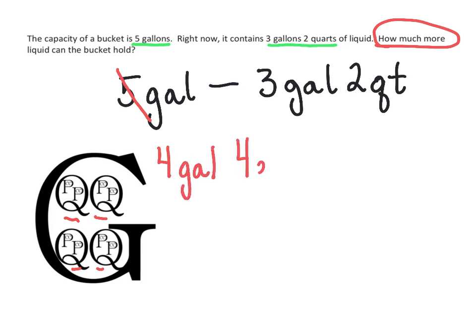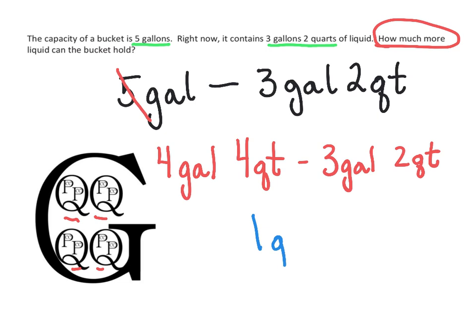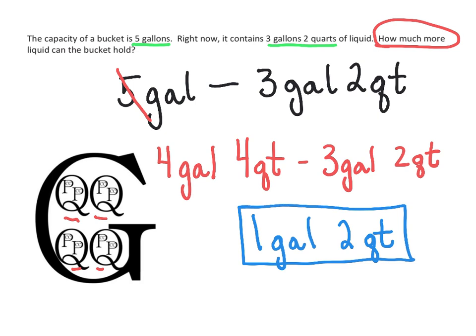And then we have to show that with 4 quarts. Okay, and now we can subtract 3 gallons and 2 quarts. So we've got 4 gallons take away 3 gallons is 1 gallon. And 4 quarts take away 2 quarts is 2 quarts. So there we go. Just remember, when we can't subtract, we're going to have to pull out that smaller unit out of the gallons so we can subtract it.